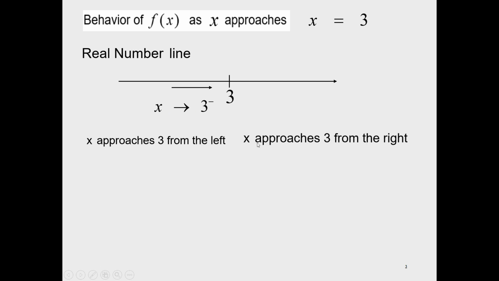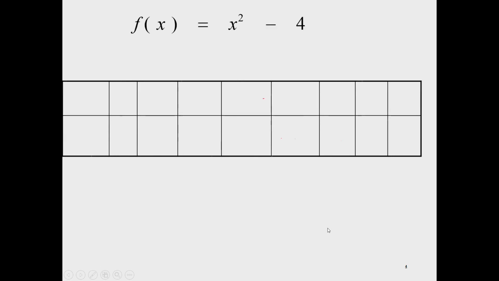And similarly, x approaches 3 from the right, so from this side, x approaches 3 from the positive side. We're talking about this arrow here. So this is the positive side, this is the negative side, or we say from the left and from the right. Let's see the behavior of y when x is approached from both sides.